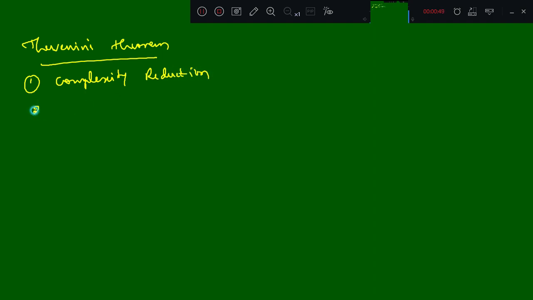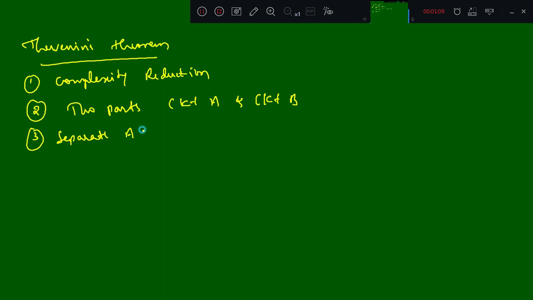So the procedure: the second step is to divide the circuit into two parts, that is circuit A and circuit B. Then the third step is to separate A and B. Then the fourth one, replace circuit A by VTH and RTH.